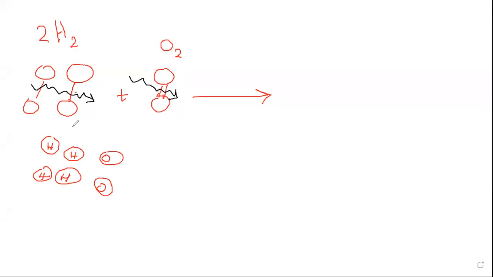Yes. So what will happen later? The second step, they will rearrange, yes or no? Yes. So as they arrange in that way, each oxygen atom will be bonded with 2 hydrogen to form water, yes or no? Yes. Like that.